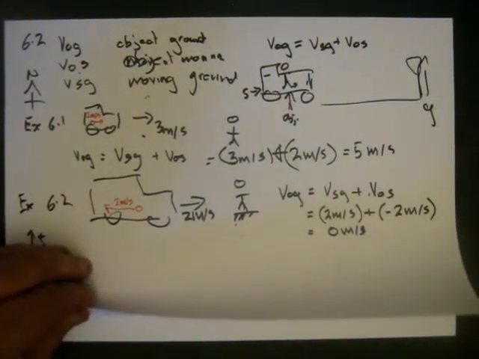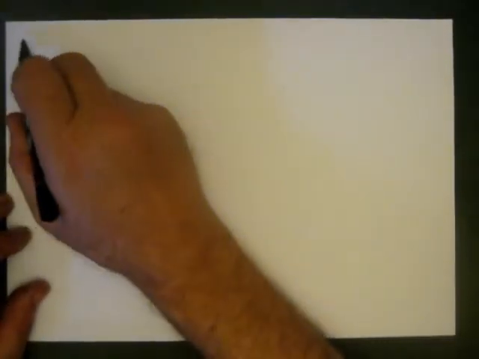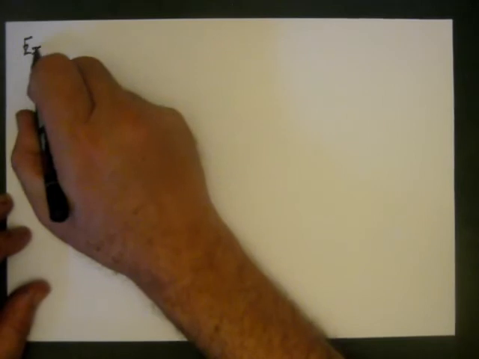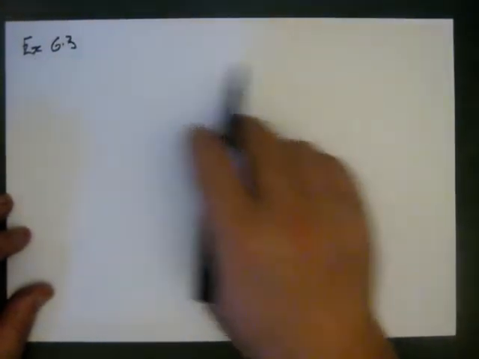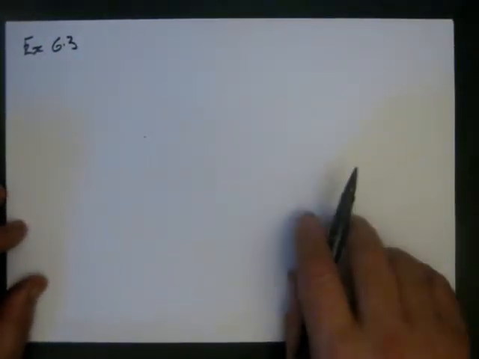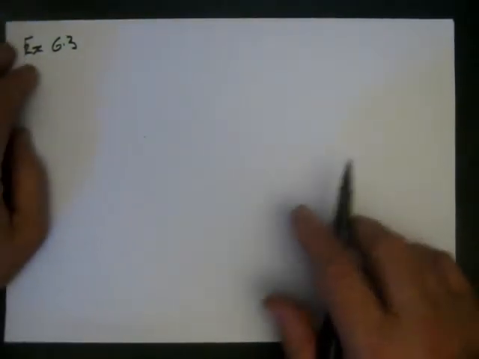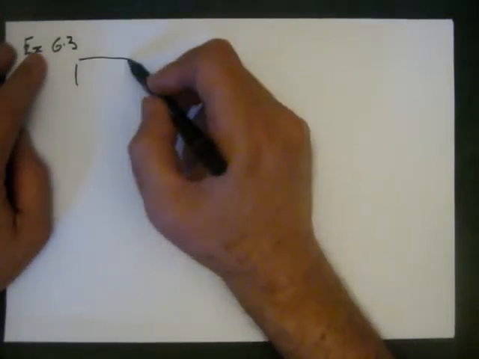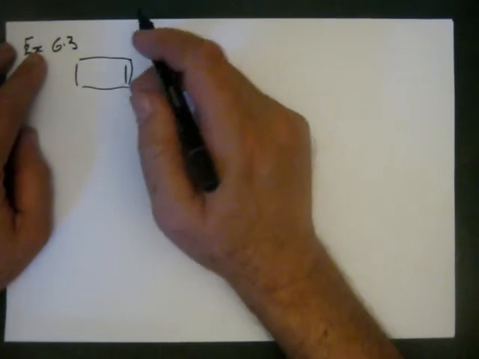Okay, what about now? Let's take a harder example. Example 6.3. I probably should have done this before I worked this through. Repeat the example. So we've now got the van. I'm going to do a top view of the van. This is the top view.